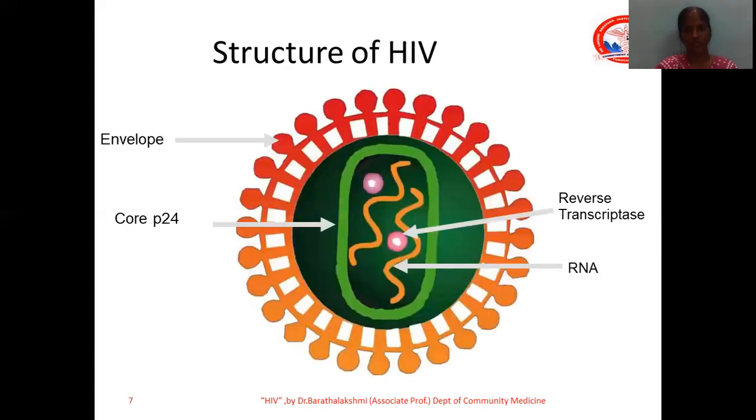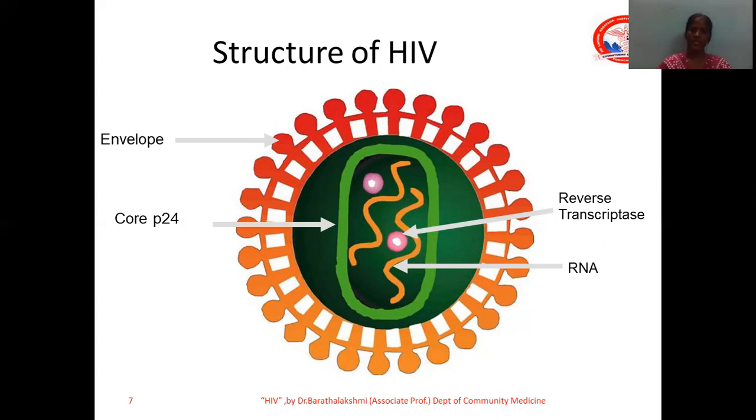And this is the structure of HIV virus. So the outer red and orange one is the envelope protein and the core protein, that's the P24 antigen, followed by RNA, and the round ones are the reverse transcriptase.